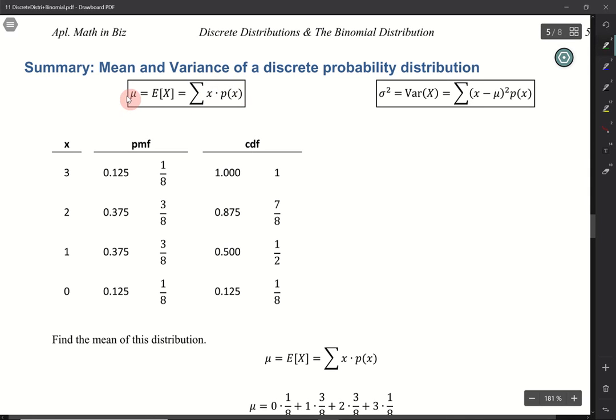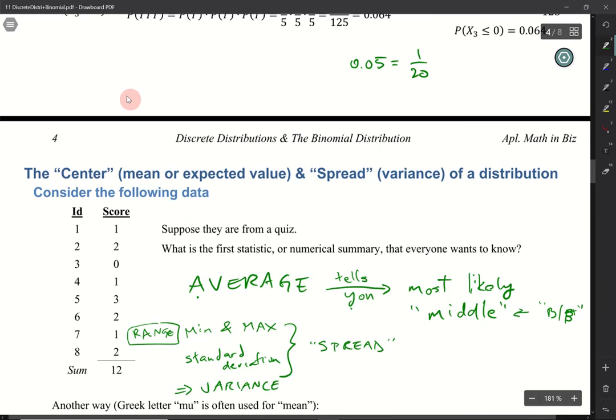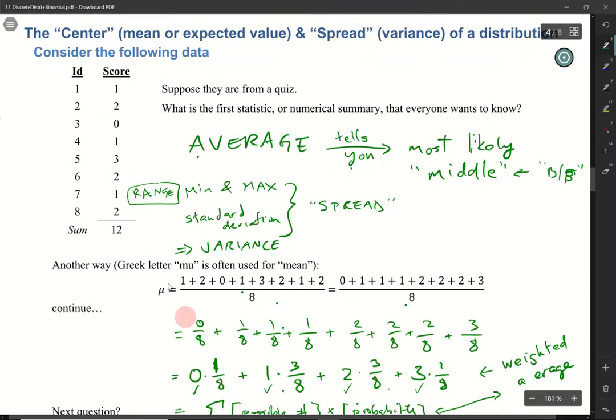And it looks very different from what we're used to as the average, right? If I say, okay, let's calculate the average, you would look at these values, add them all up, and divide by the number that we added up. We divide by the number of possibilities. Anytime you divide by the number of possibilities, there's a probability lurking there.